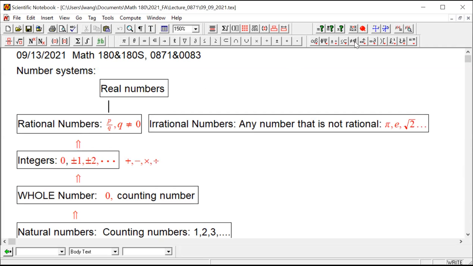So rational numbers, irrational numbers, and all of these together make the real numbers. And they have also proved, besides rational numbers and irrational numbers, there are no other numbers on the number line. Therefore, on the number line, any number you pick is either rational or irrational. And all of these numbers together make the real numbers. And they are everywhere dense on the number line.